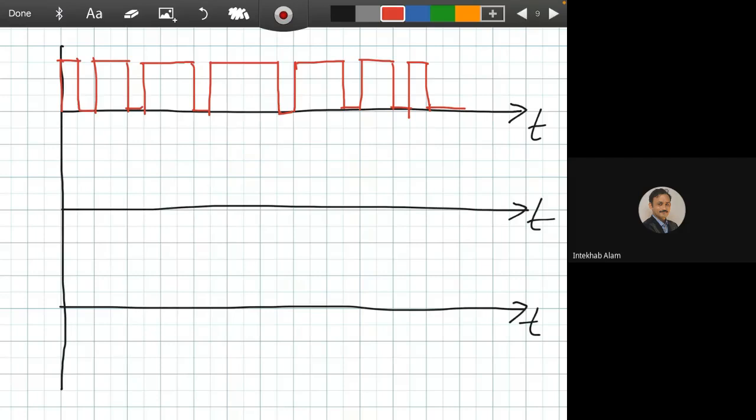But in a single pulse width modulation, we have an output like this.